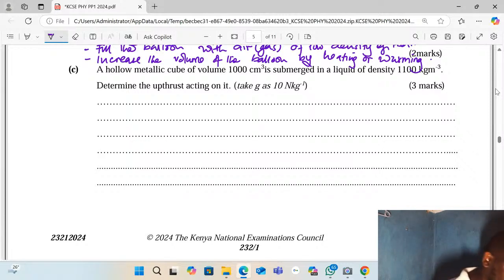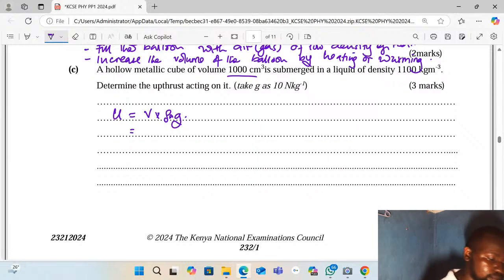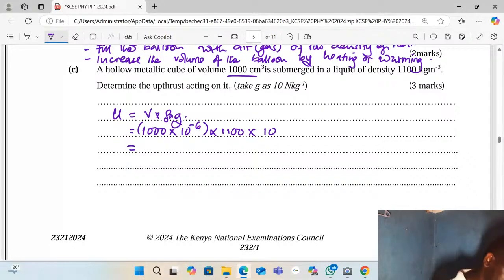Upthrust will be given by volume times density times gravity. Therefore, the volume here is 1,000 cubic centimeters. You convert it into SI units, that is 1,000 multiplied by 10 raised to power negative 6. Then you multiply by a density of 1,100, times 10. In this case, you'll arrive at 11 newtons.